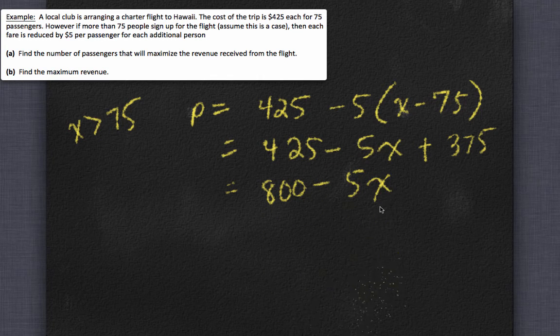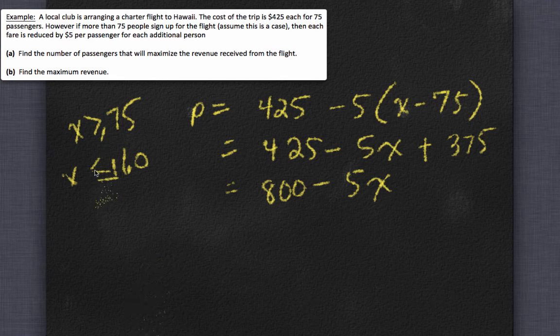So once x got to be, let's see, 800 divided by 5 is 160. Once x got to be 160, that stopped doing this. They would have really stopped before, but x definitely has to be less than 160.